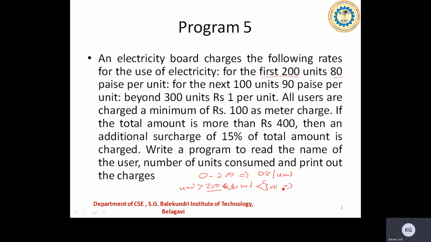So if the unit is greater than 200 and less than or equal to 300, for another 100 units, more than 200 units, it is charged as 90 paisa per unit. This is what they have given.